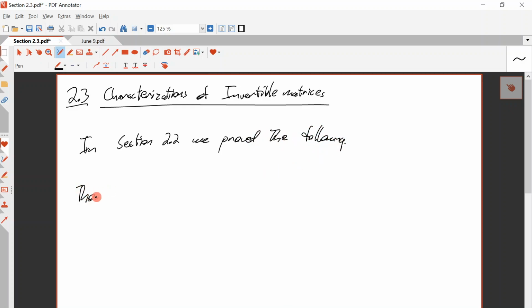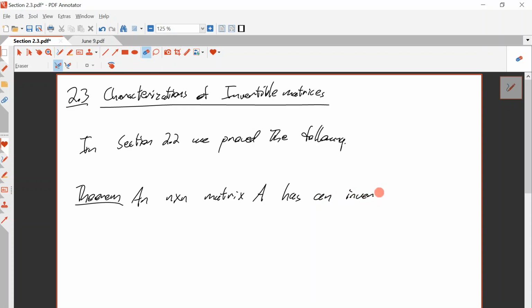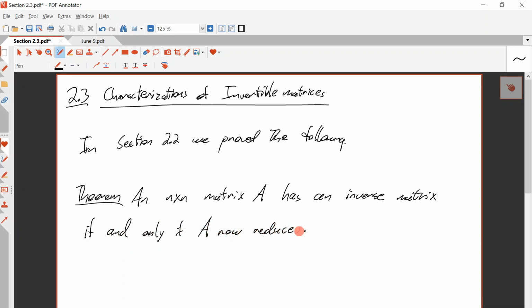The theorem was: an n by n matrix A has an inverse matrix if and only if A row reduces to In.